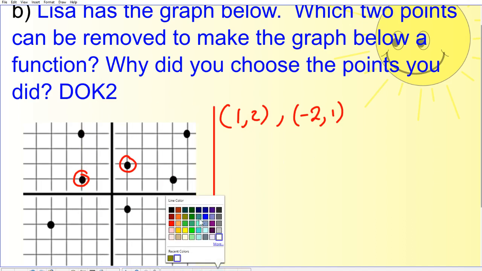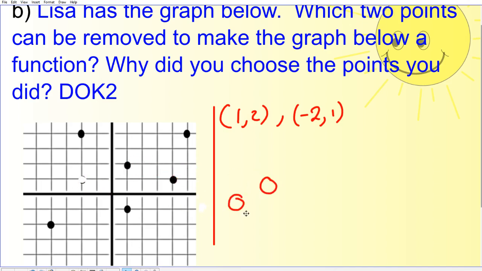So if I can, check this out. White him out, and remove my little, no. There, magic, right? So now it passes, it passes, it passes, it passes, it passes. So now this would be a function that passes the vertical line test.